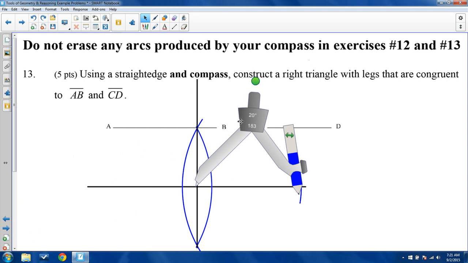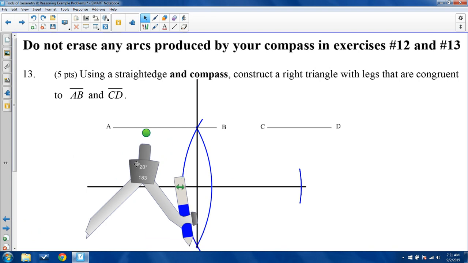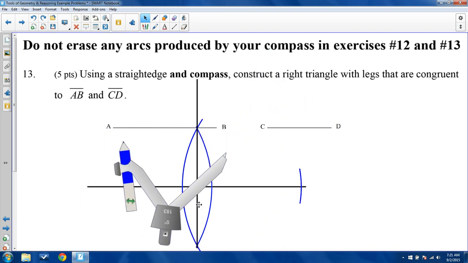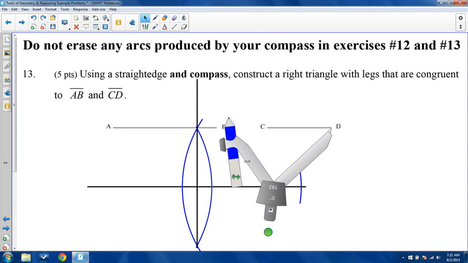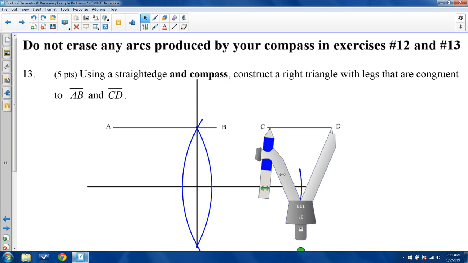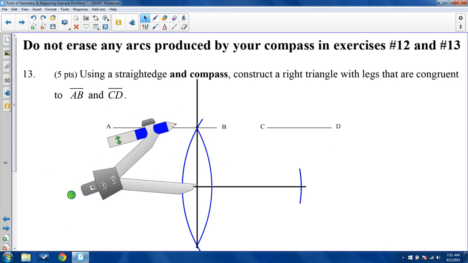So for instance, right there, from this point to this arc intersection is the length of AB. And I should do the same thing with CD. So again, swiveling on through, only because this compass is tough to work with on a screen. I shrink it, and I figure out it's about right there. This compass width will be marked off right here for CD.